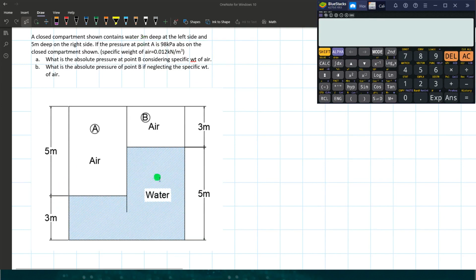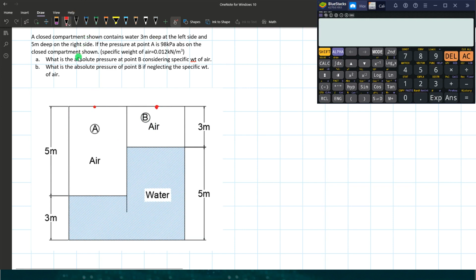If the pressure at point A is 98 kilopascal absolute, and the specific weight of air is 0.012 kilonewtons per cubic meter, what is the absolute pressure at point B, considering the specific weight of the air?